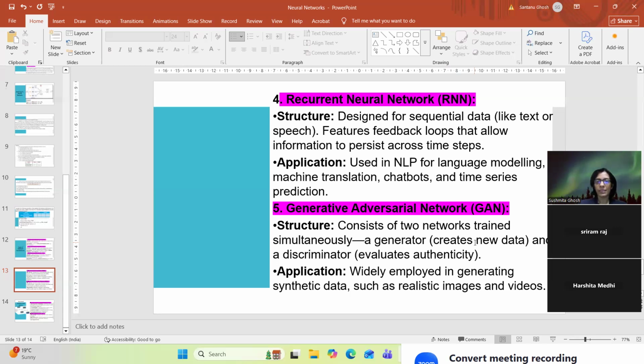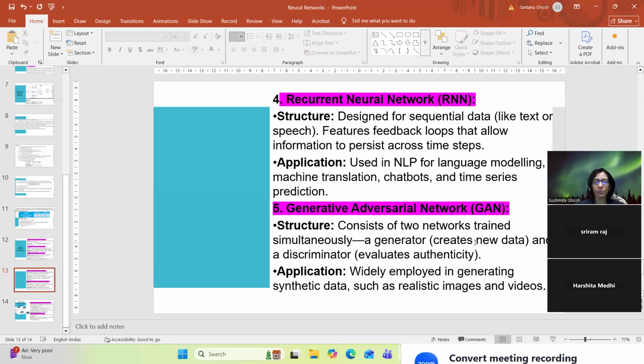So here they are saying that it is used in NLP for applications like language modeling, because improvisation becomes very necessary in language. Then translations, chatbots, time series predictions, in such applications recurrent is more often used.